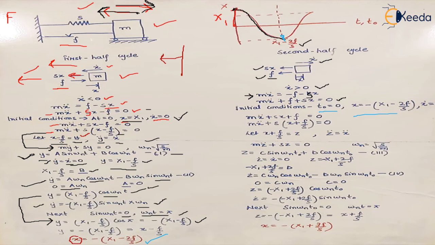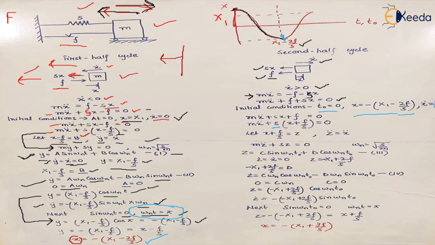So it becomes minus x1 minus 2f upon s. And we also discussed that we were looking for the position where again the velocity will be equal to 0. So again for this the initial condition is that velocity is equal to 0.